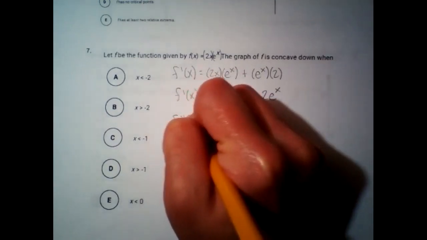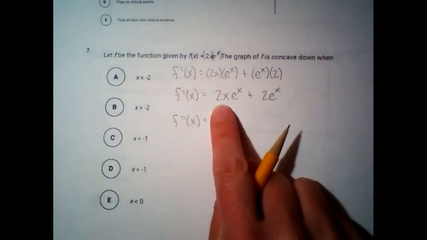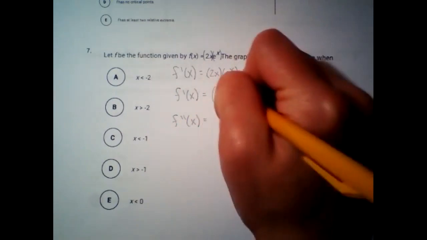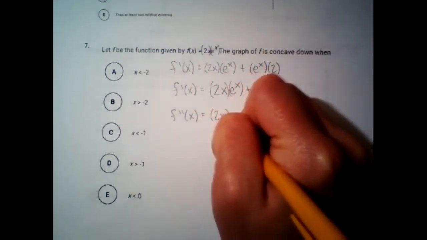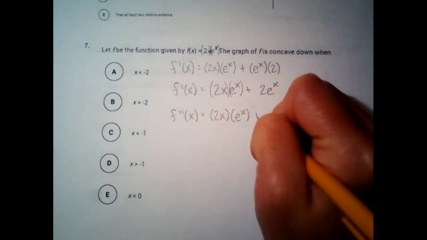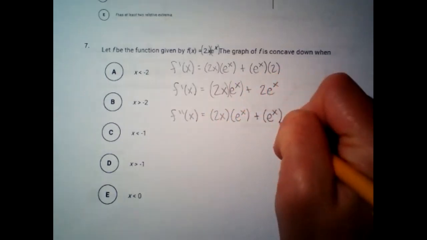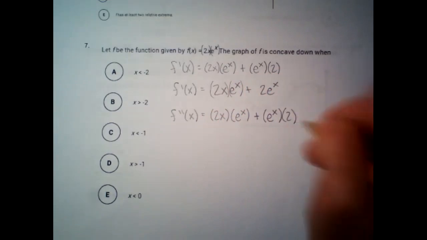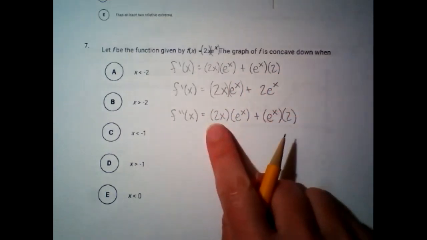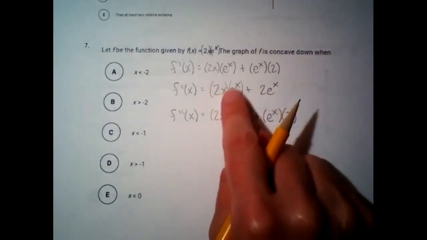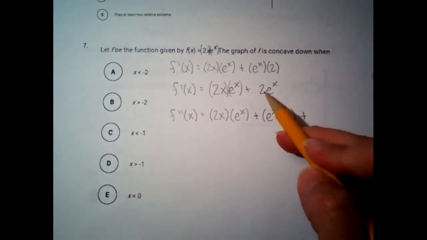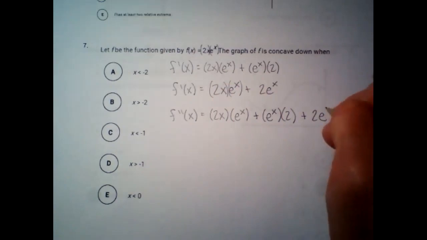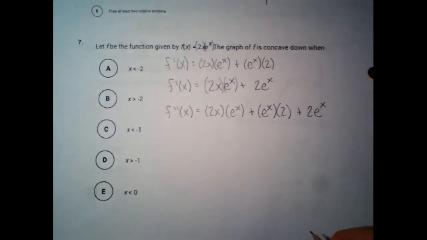So our second derivative, for this first part, that's going to be another product rule. So first derivative of the second plus second derivative of the first. That's another product rule for this piece of it. Plus, and then derivative of 2e to the x just is 2e to the x.